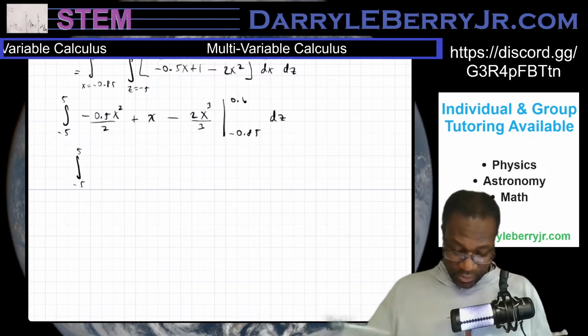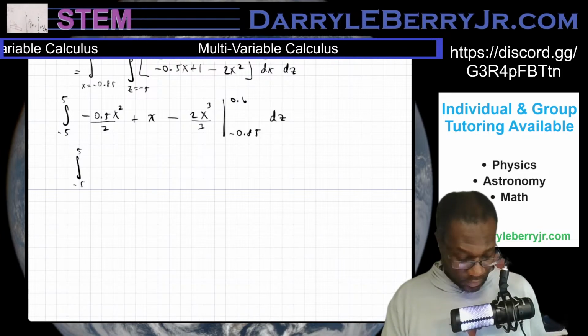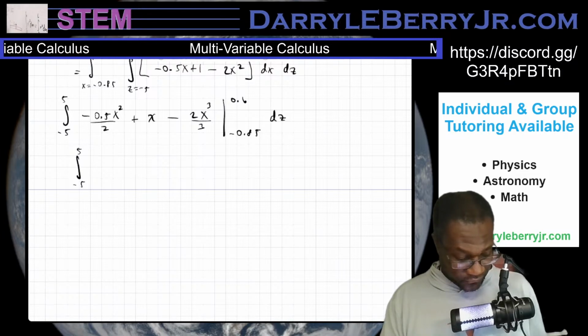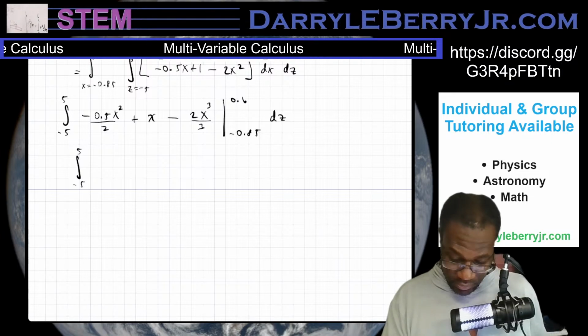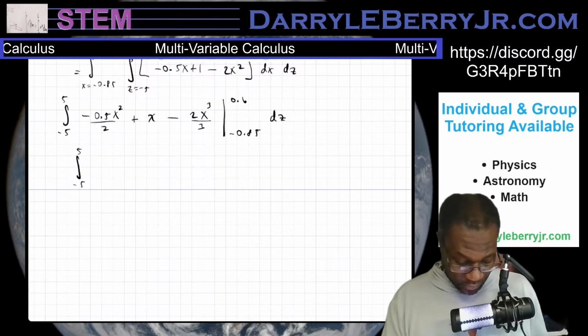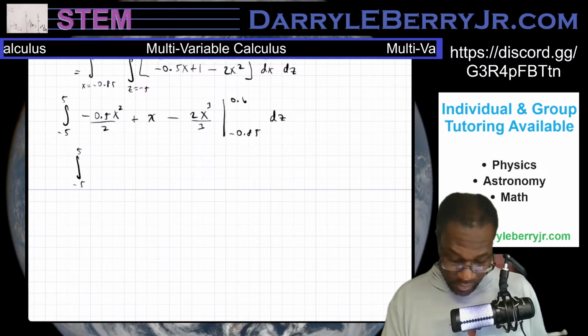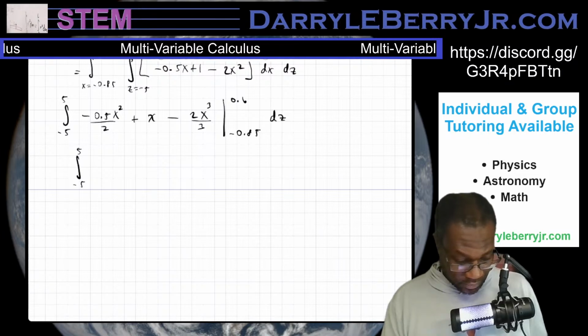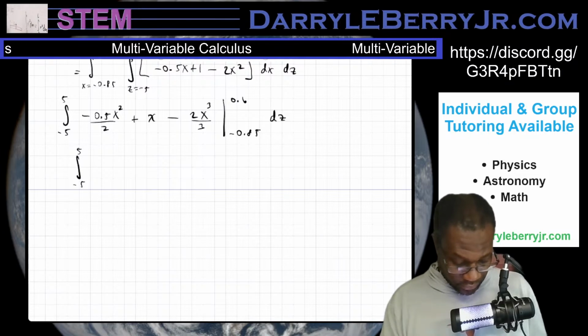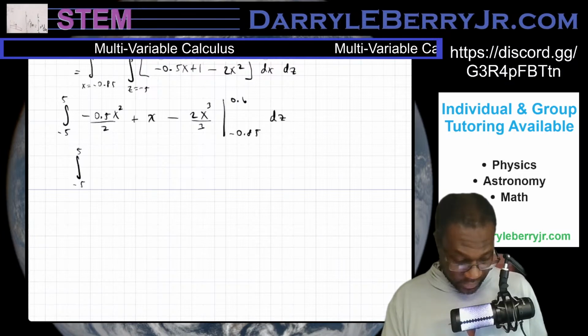Let me put this in the calculator. So we have negative 0.5 divided by 2 times 0.6 squared plus 0.6 minus 2 thirds times 0.6 cubed.